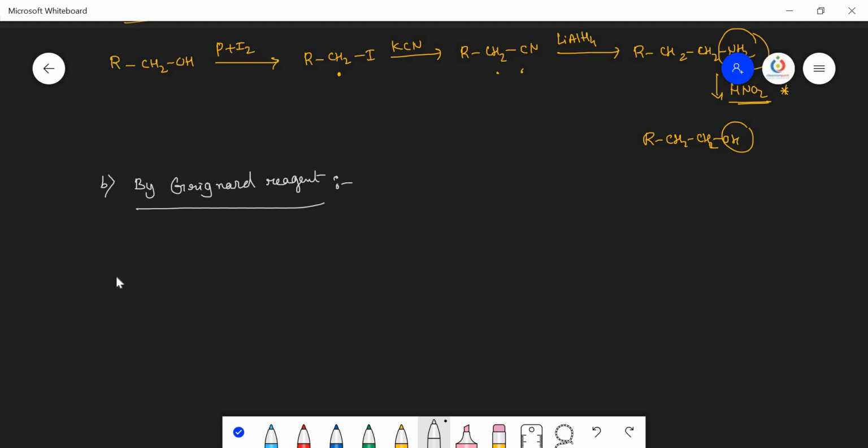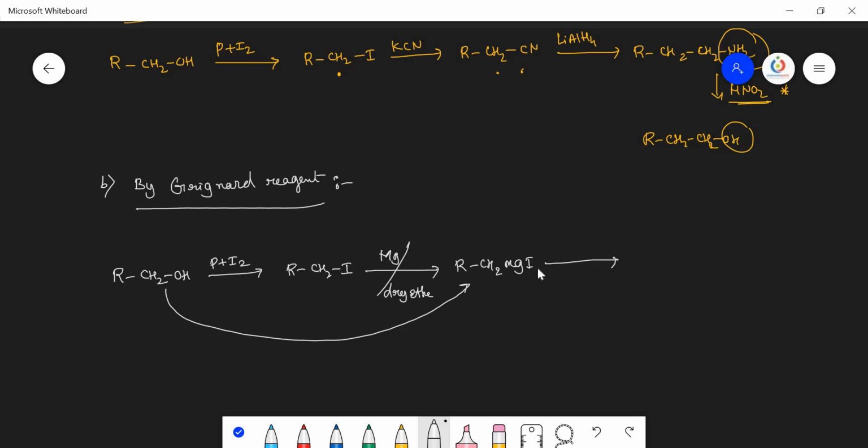In this I'll take the same molecule, RCH2OH, subject it again with phosphorus plus iodine, so that you will get the RCH2I, then subject it with magnesium in the presence of dry ether. So you will get the RCH2MgI. Then we have prepared the Grignard reagent actually. Means we have converted the alcohol into the Grignard reagent like this.